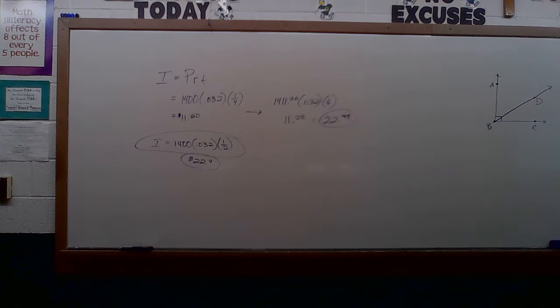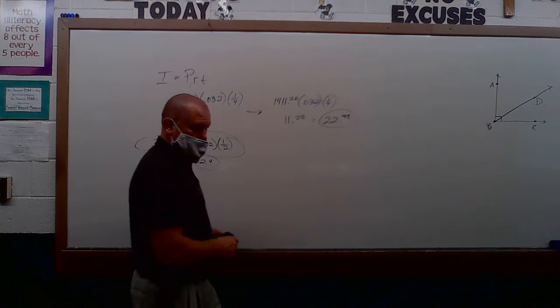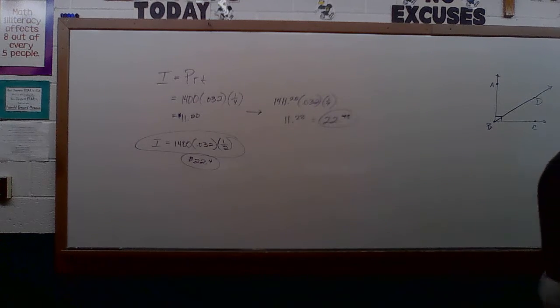So what if you did 1400 times 0.032, took that number, added it to 1400, multiplied that by 0.032, then subtracted 1400? Go ahead. What do you get? You got 22.7.